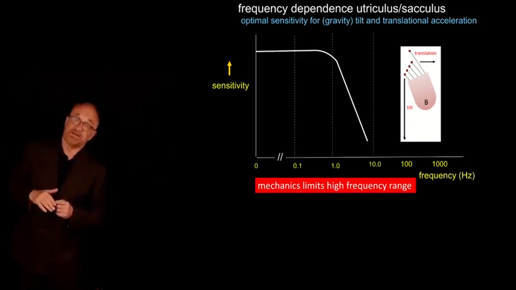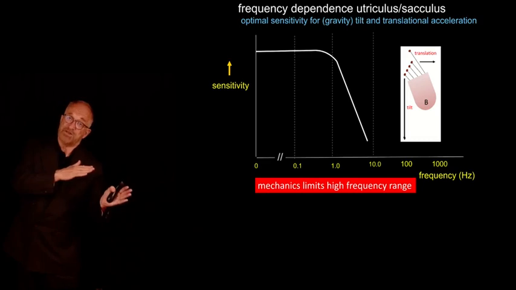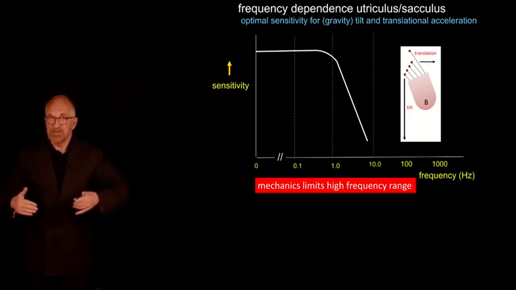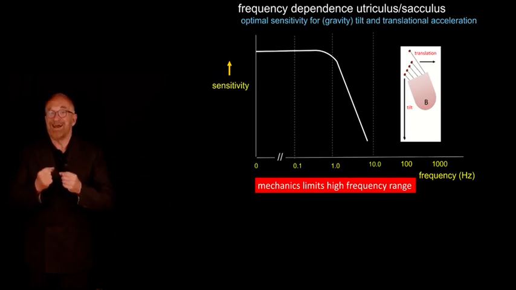So when there is tilt, there's a constant deflection of the stereocilia. And when you start to move faster, slowly there is a decrease around 1-2 Hz. You see there's a steep decline of the sensitivity. So that is the optimal sensitivity, and that is based on the mechanics of the labyrinth.